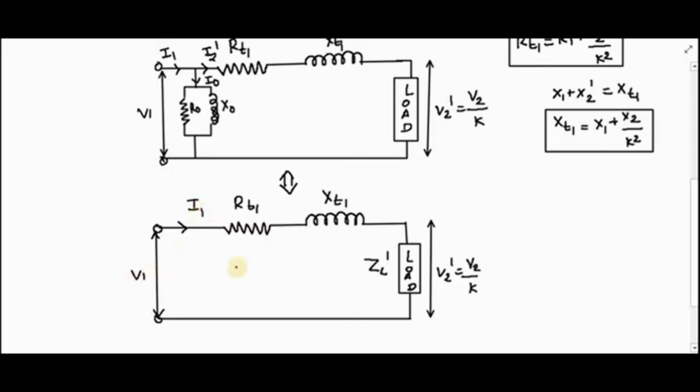Right? So what we have done for studying the effect of the load on the secondary terminal voltage from the above equivalent circuit, I have dropped the shunt circuit, which is consisting of R0 and X0, and I have substituted the primary current I1 for I2 dash as shown in the figure.